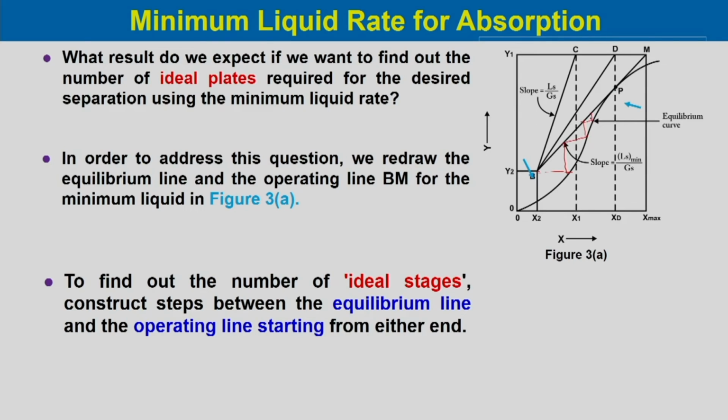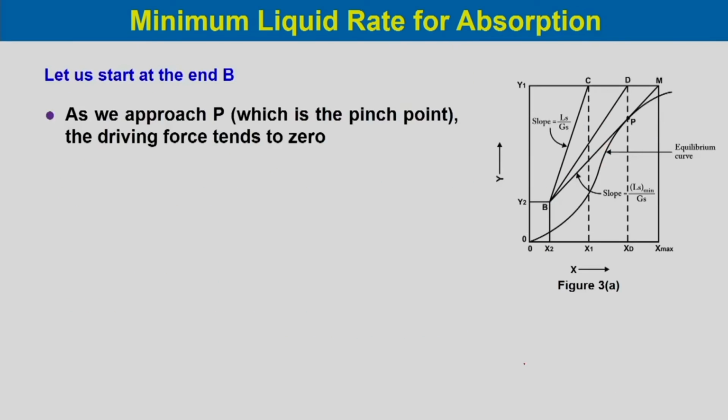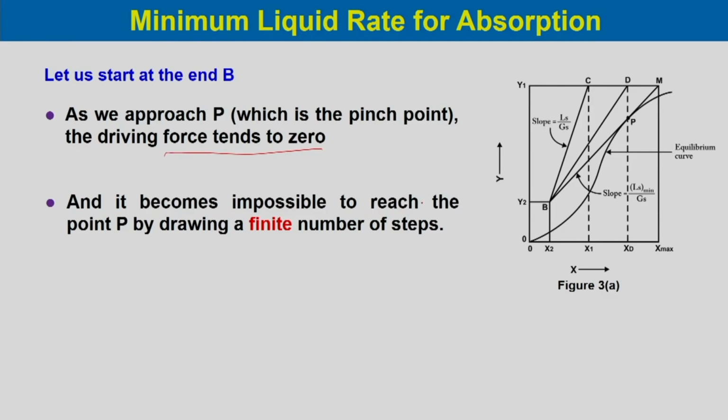If you do this staircase arrangement, let us start at point B. As we approach P, which is the pinch point, the driving force tends to 0 and it becomes impossible to reach the point P by drawing a finite number of steps. As you go on drawing the steps towards the pinch point, the driving force is so small that you can't reach point P by drawing a finite number of trays.